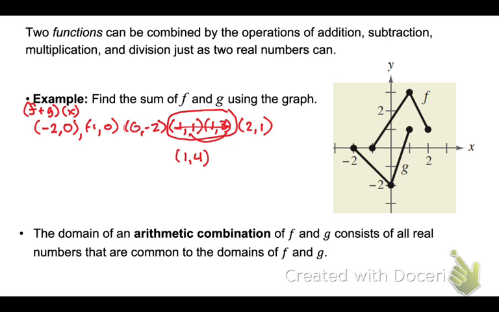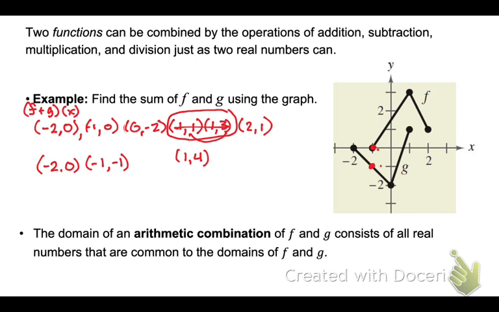At -2, 0, we're good because f didn't exist there, did it? No. Okay, but what about -1? We have here and here, yes? So it should be -1, and then we would have 0 minus 1, which would be -1.